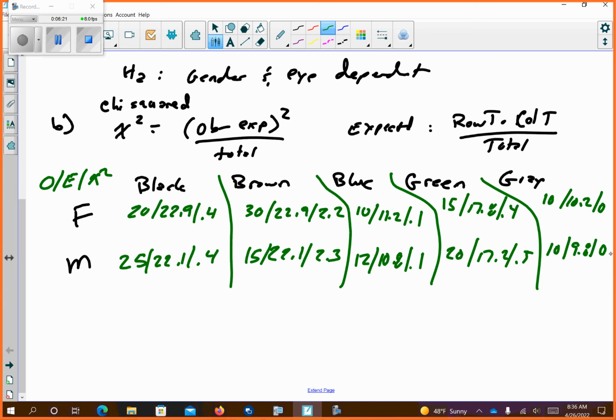Let's see. I'm just trying to think what we would have done there. So are you going between black and brown for female or male? For female. Yeah, so the row total for that is 85, and then the column total for both of them is 45. Right. Divided by the total.